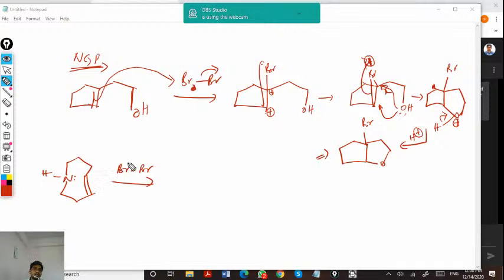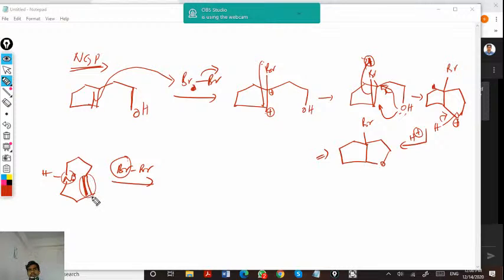Okay, so now this is going to become the electrophile, and you need a nucleophile for the electrophilic addition reaction. So among these two nucleophiles, nitrogen is a nucleophile because of the lone pair, and the double bond is a nucleophile because of the pi bond.